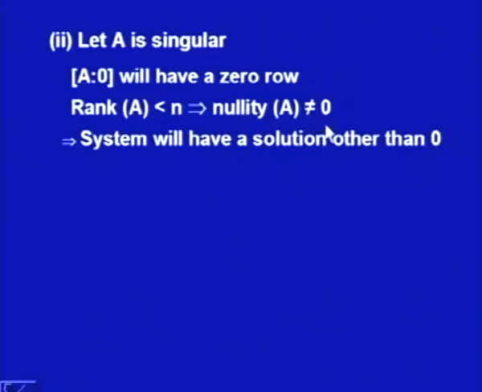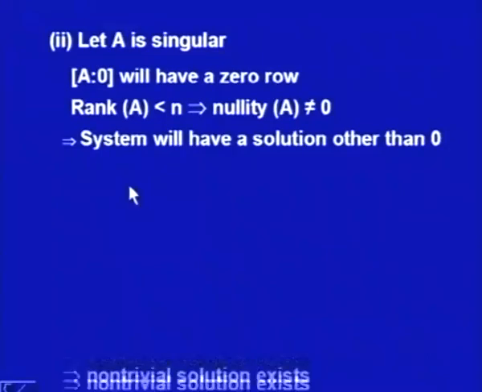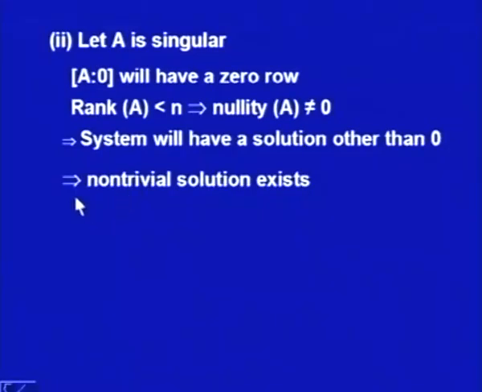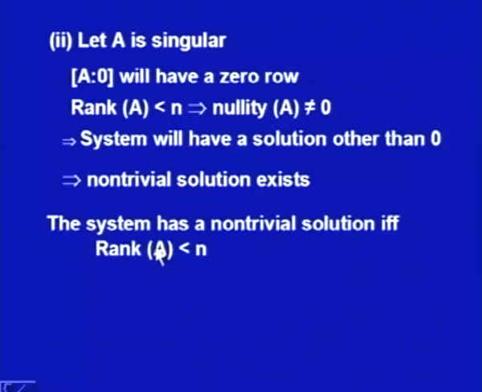That is the basic definition of nullity. So, since nullity of A is not 0, we will have a non-zero solution of Ax is equal to 0. So, the system will have a solution other than 0, and that means a non-trivial solution is possible.